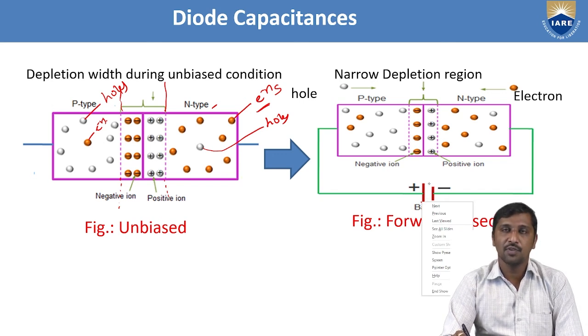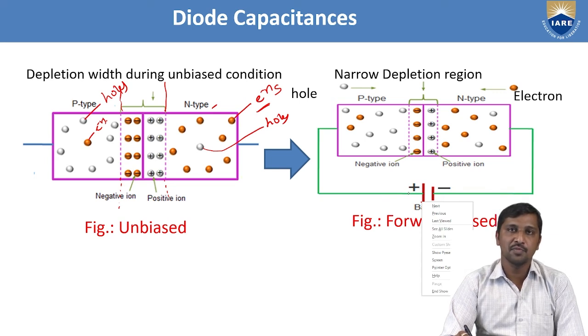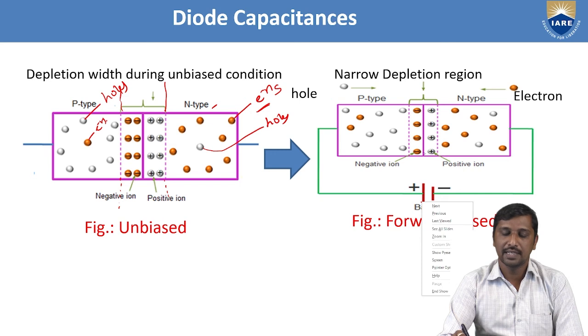Under this forward bias, what happens here? We are applying some external force, or extra force, to the charge carriers. Due to that extra force, the charge carriers try to diffuse from one region to another region to break this diffusion region structure.